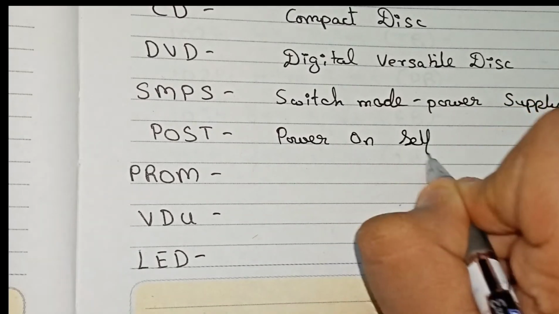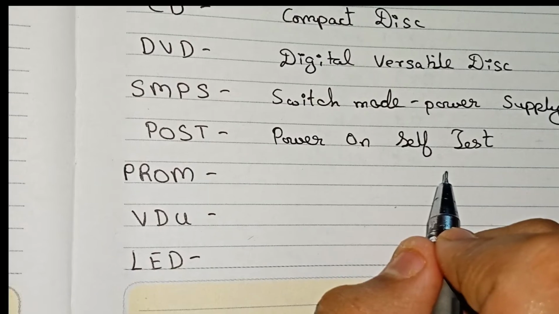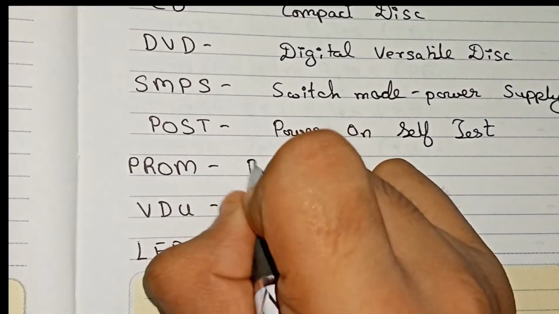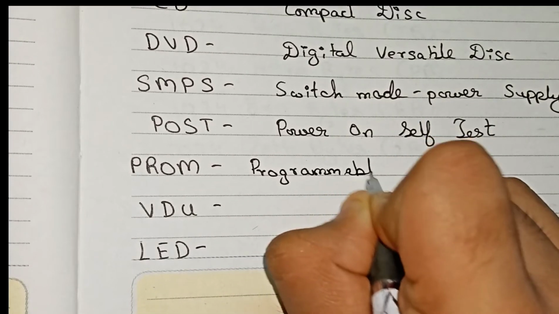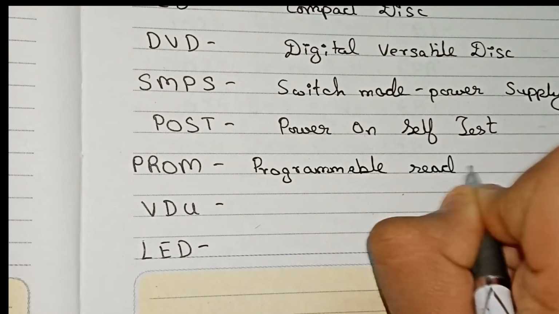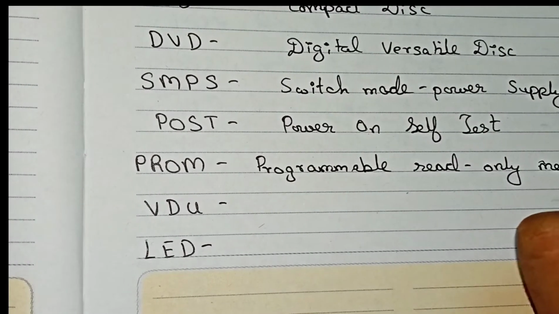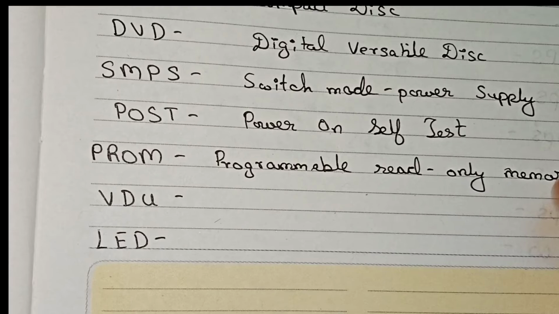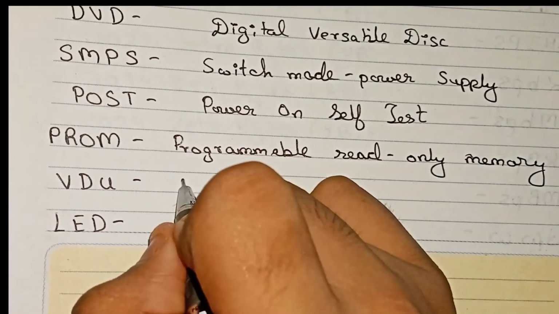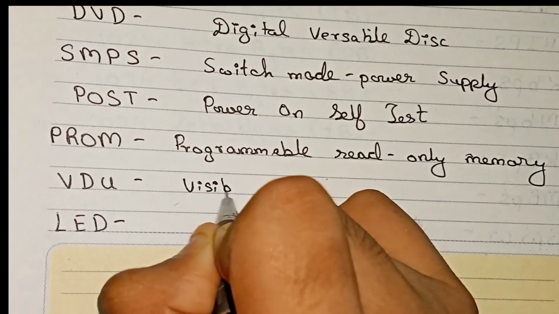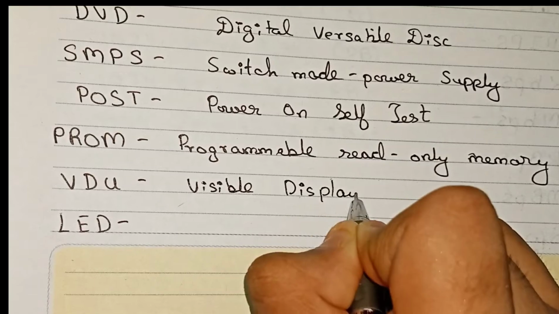Next is PROM, that is programmable read-only memory. Next is VDU, that is visual display unit.